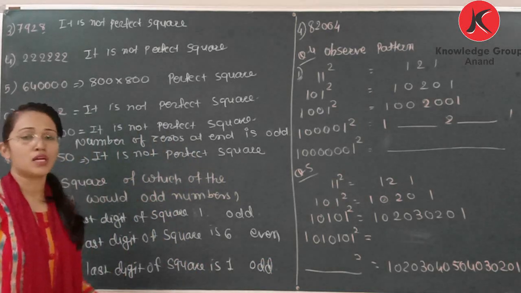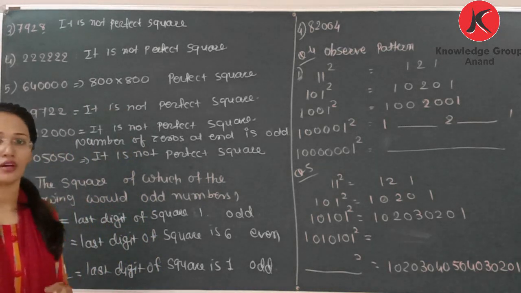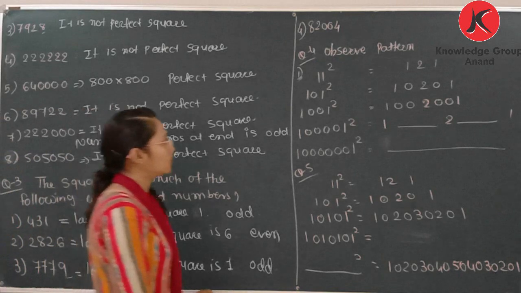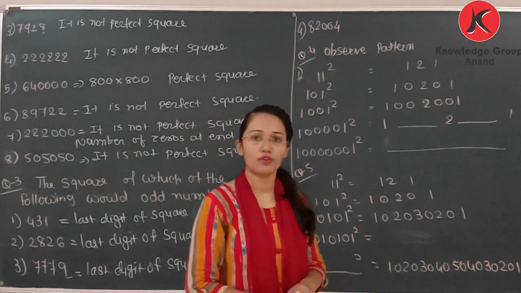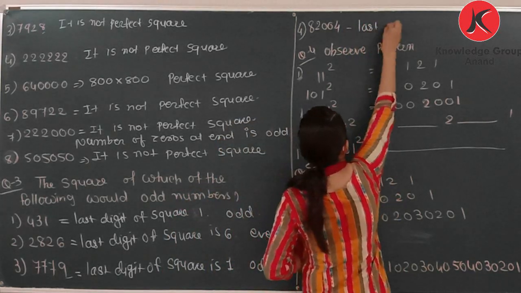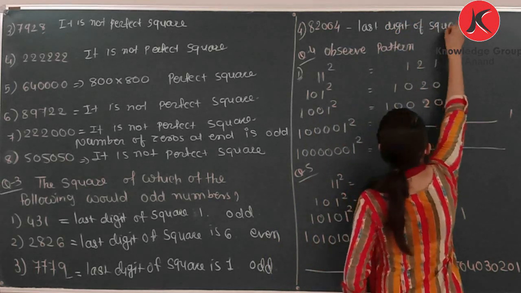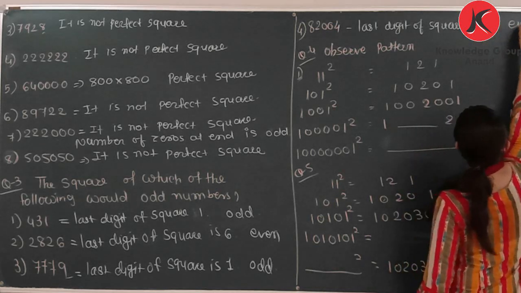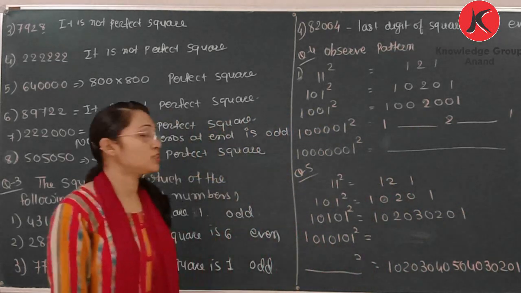To find whether the number is odd or even, you need to check only the last digit. So here we will check the last digit of square of numbers. Now next is 82,004. If you perform the square of 4, you will get 16. So last digit is 6, so it is even.